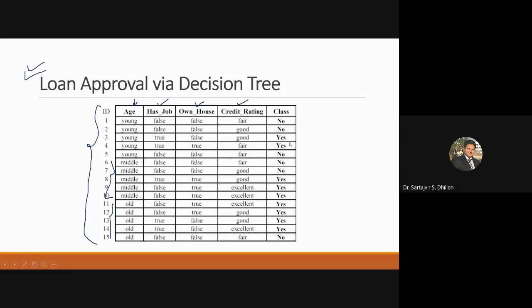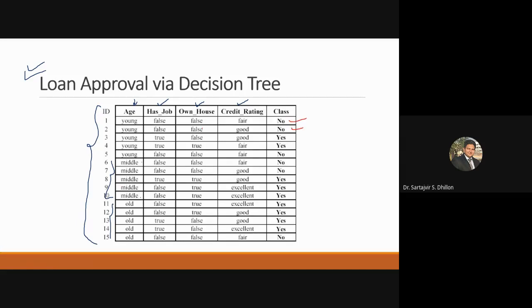This one is yes for approval and no for not approved. So if you don't have any job and you don't have a house, and your credit rating is either fair or good, it doesn't matter because you will not get the loan.